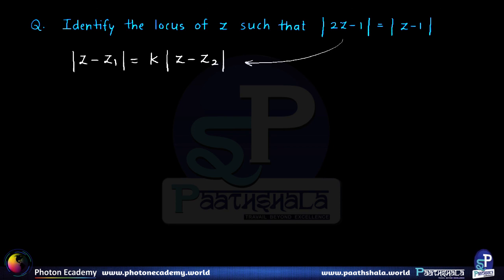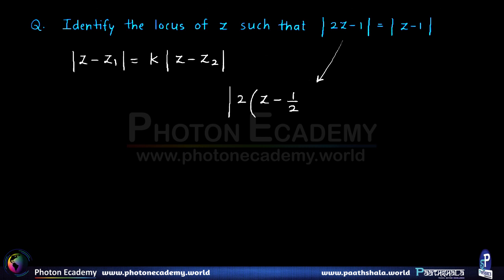So starting with the given, we take 2 common from the term inside the modulus. So we will have 2 into bracket z minus half, and this is equal to mod of z minus 1.